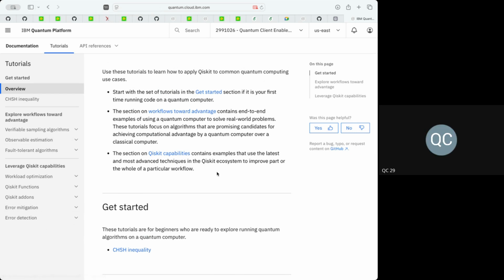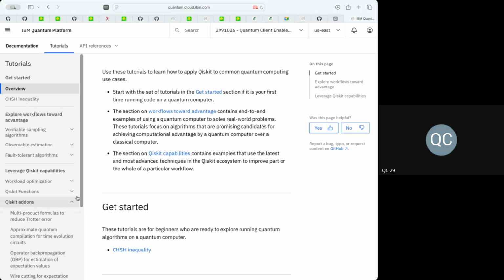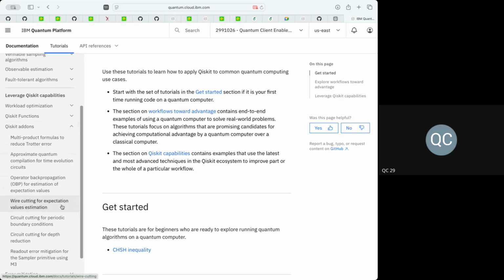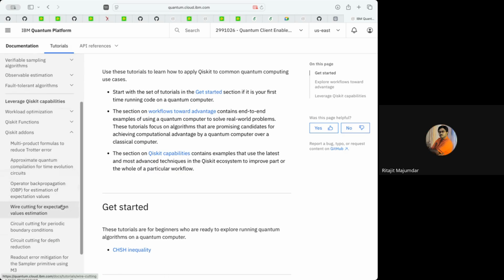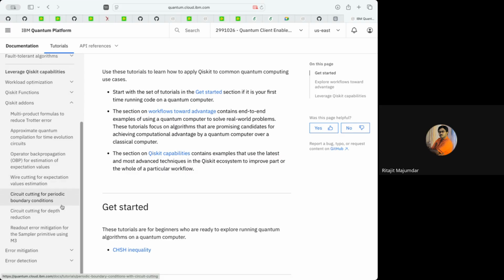Sir, small doubt. Yeah. This wire cutting and gate cutting is there now. Does it come under optimization that can be done by the transpiler, sir? It doesn't come under optimization. The reason it doesn't come under transpilation is because, as you have seen, cutting requires an exponential overhead.